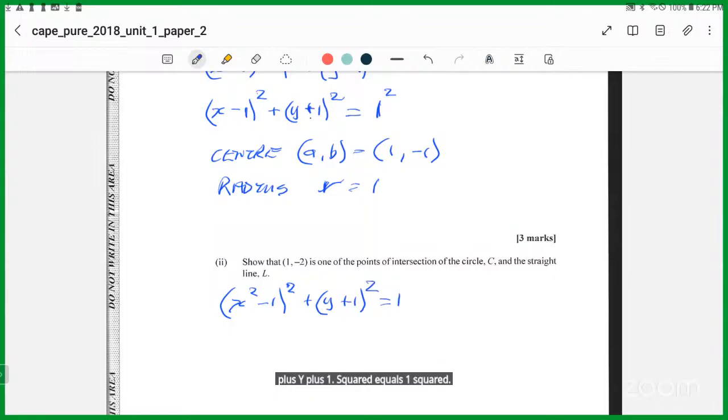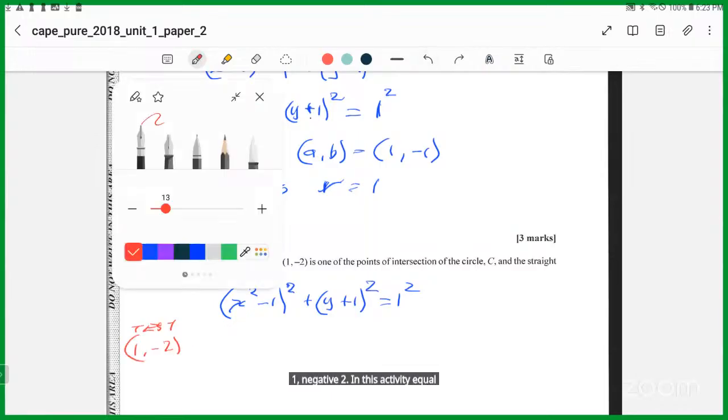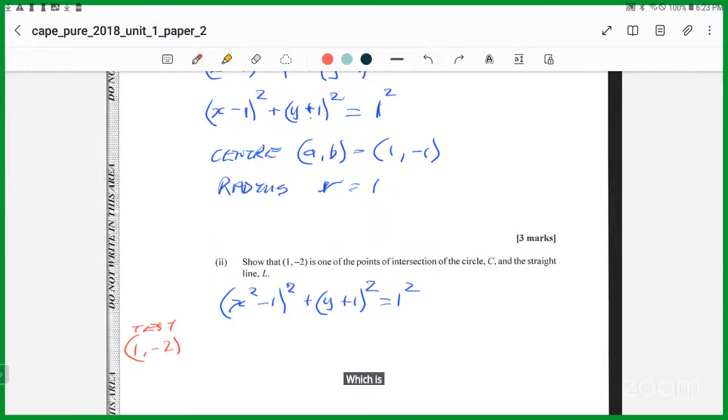I can test this point in there. So test 1, negative 2 in this, and see if it equals 1 squared, right? Which is 1. So it will be 1 squared minus 1 squared plus negative 2, this y is negative 2 plus 1 squared.